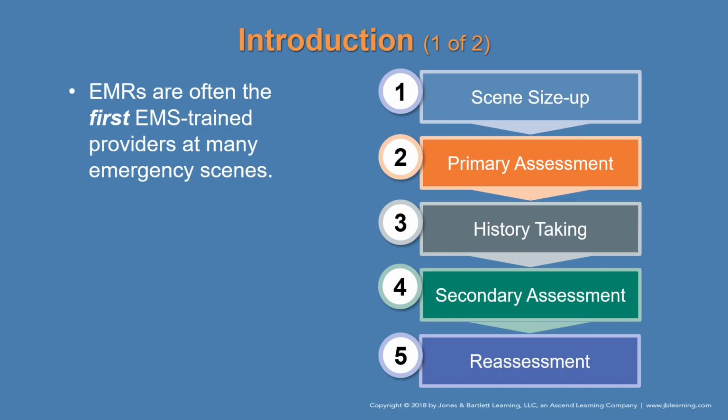And then once we're done with all of that, we've taken their history, we've assessed their entire body, we've gotten a set of vital signs. Then we're going to get into reassessment, which is going back and looking at all of our interventions, retaking vital signs, and all of that. So we're going to go through each one of these steps, but this is the system that I want you to use, and you're going to use it every single time.